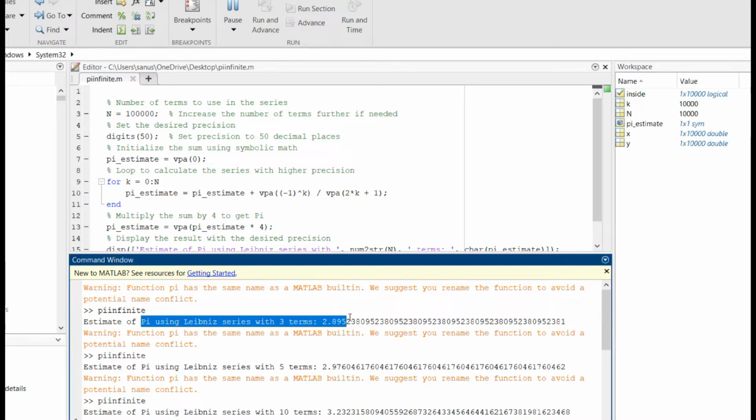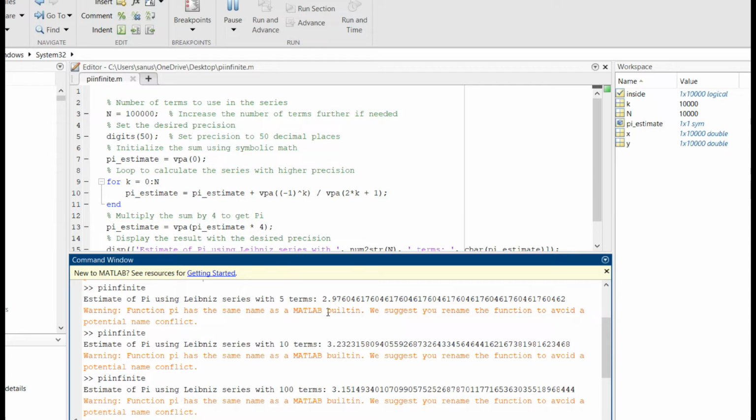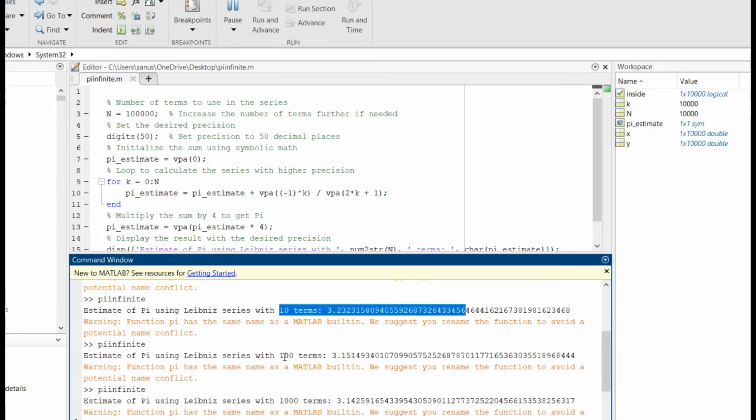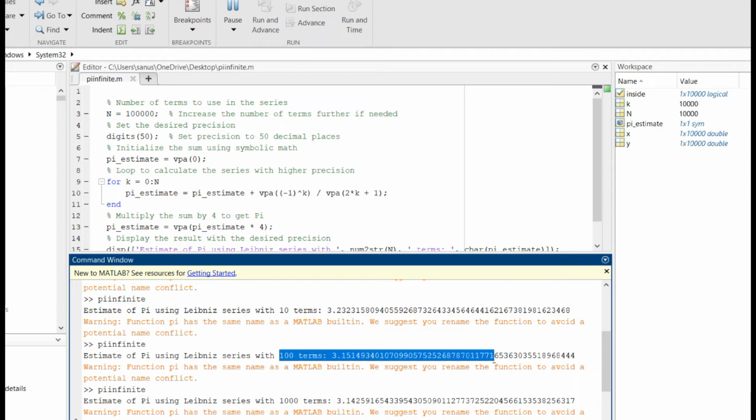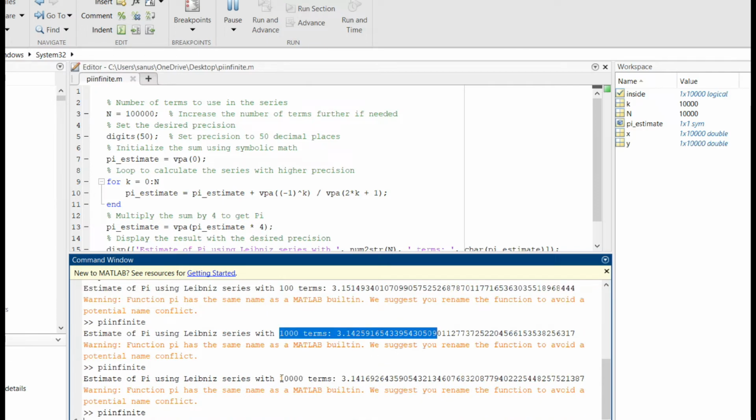The pattern is alternating: positive, negative, positive, negative. This pattern is crucial because the series balances itself out as it progresses, refining the estimate with each new term. After calculating the sum of these terms, we multiply the result by 4. This gives us the estimate of pi.